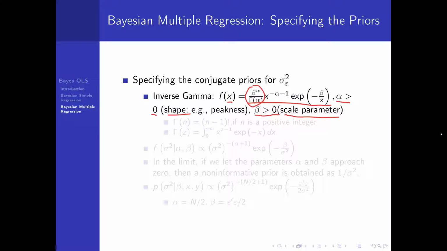Then we multiply by x, this random variable, raised to the power of negative alpha minus 1, then multiply by the exponential function of negative beta over this random variable. Pretty complicated. I think I need to spend a couple of seconds to go over the gamma function, also pretty complicated. So what is the gamma function?